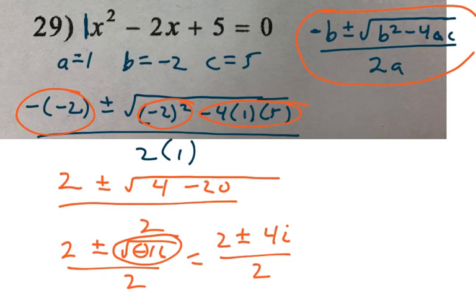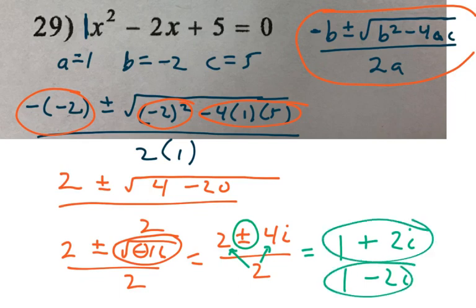And then right here, guys, hopefully you recognize I could distribute a division of 2. So the perfect answer is going to be positive 1 plus 2i and 1 minus 2i. All I did was separate the plus and the minus over here. But these are my two answers, which again, notice, are complex, imaginary answers, right?